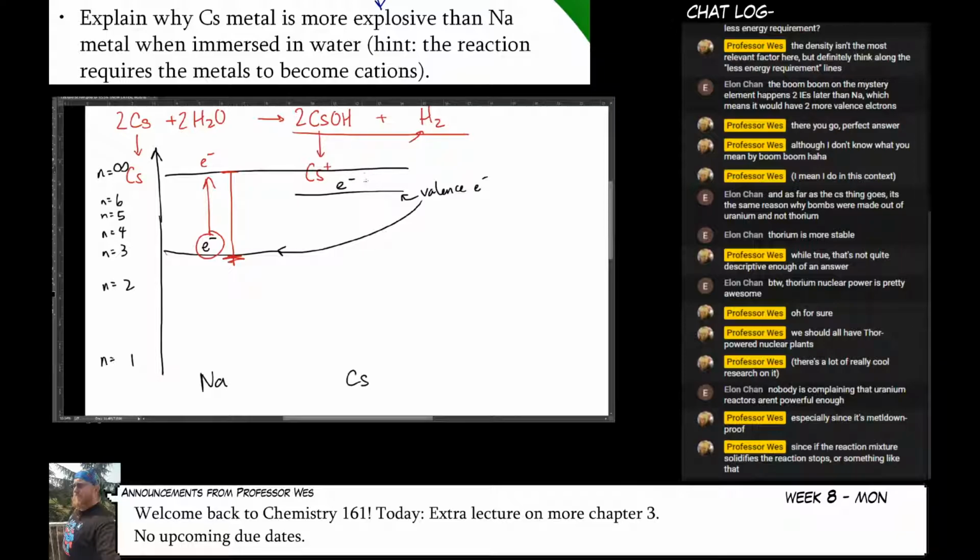Now with cesium, you don't have to move it as far. Oops, hold on. Let me be consistent here. I only have to put this much energy in, which means that if I'm getting the same result out from making hydrogen and making hydroxide and whatever, I'm not investing as much energy to do this. And so this extra energy can be used for more ionization.